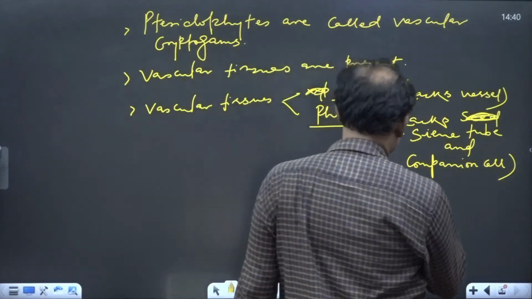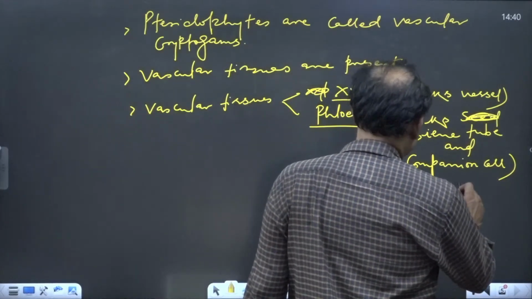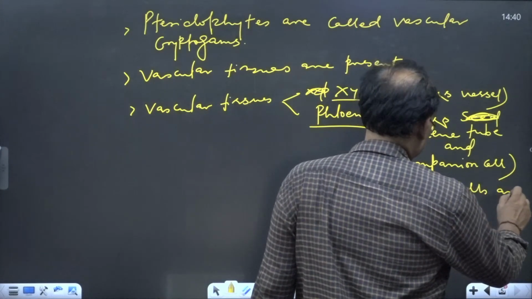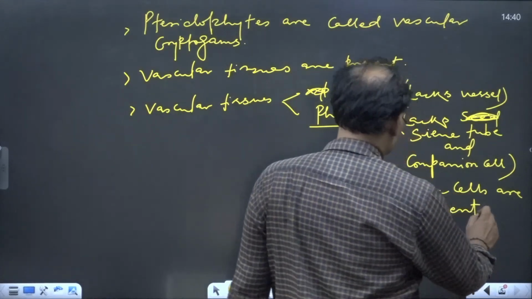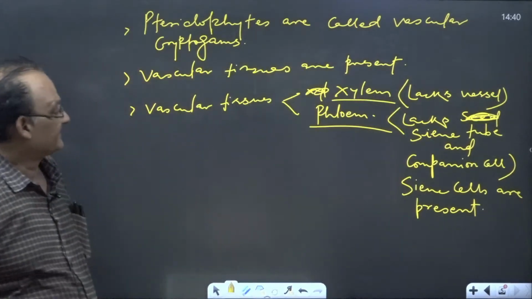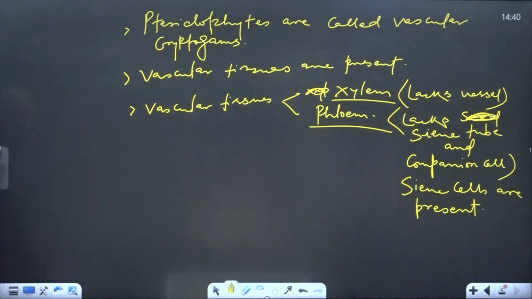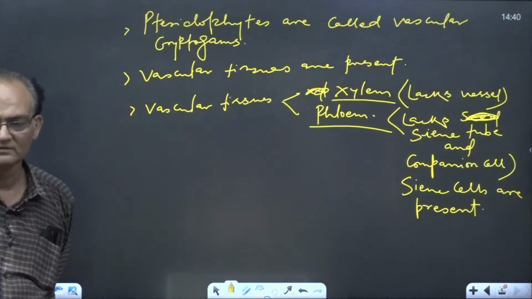Sieve cells are present. So it has xylem and phloem. Xylem lacks vessel, phloem lacks sieve tube and companion cell. Sieve cells are present, not sieve tube.